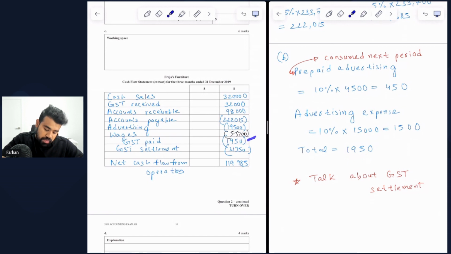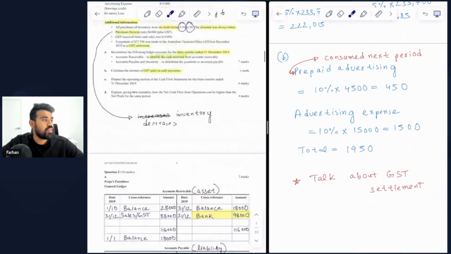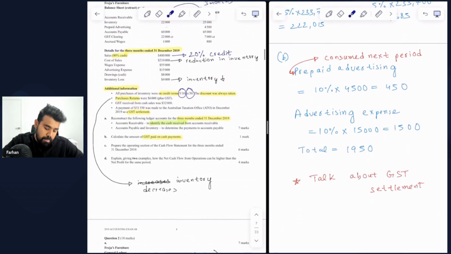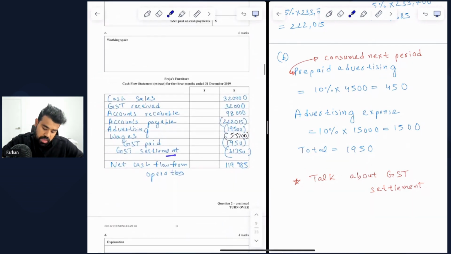And then we have the GST settlement of 31,350, which is based on the very last line in the additional information. As you can see here, a payment of 31,350 was made to the ATO as a GST settlement. So that is what we have included here, 31,350. So once we have done that, you can see all the cash outflows and all the cash inflows.